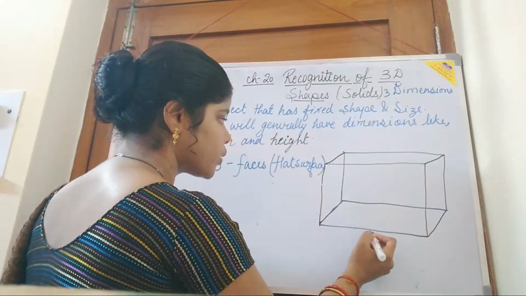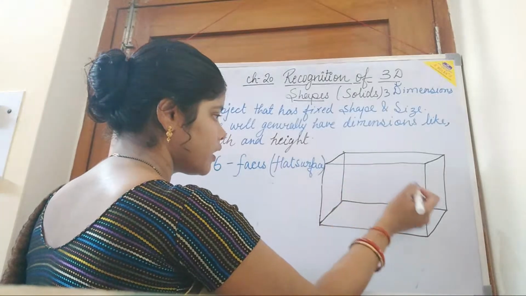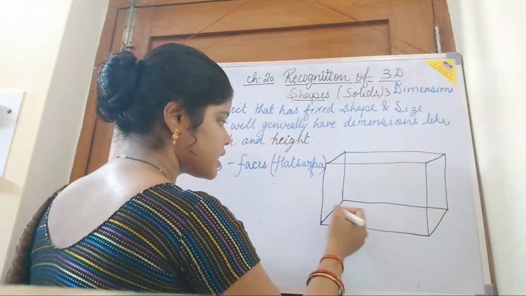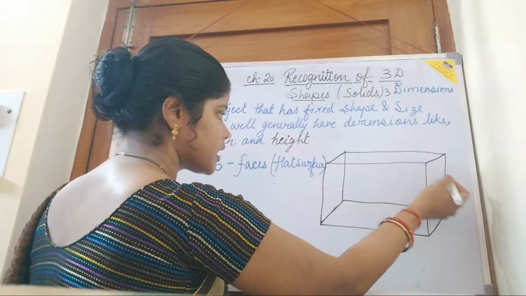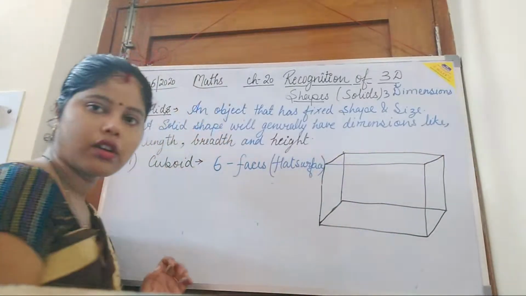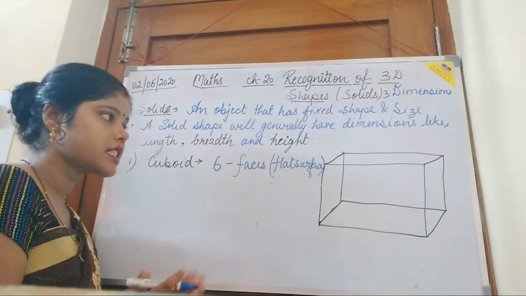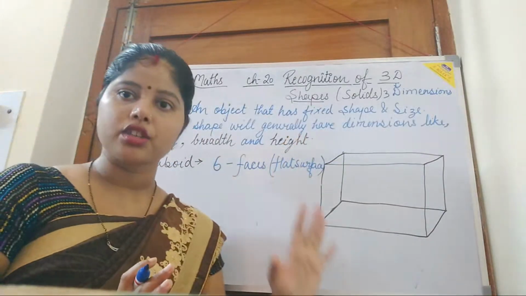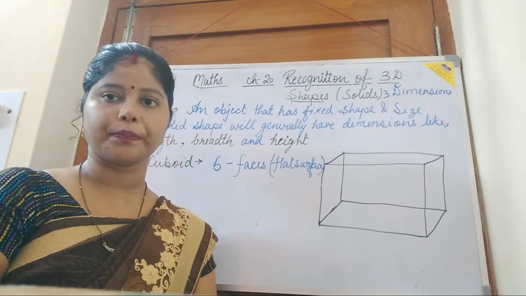So how many edges? 1, 2, 3, 4, 5, 6, 7, 8, 9, 10, 11, 12. It has 6 rectangles, so in 6 rectangles how many edges?